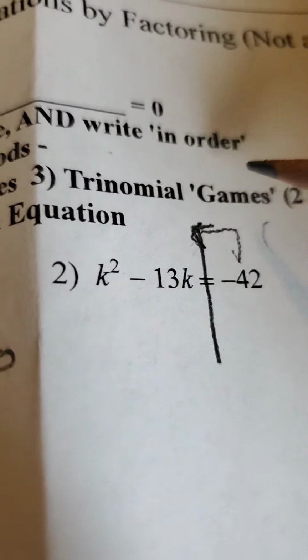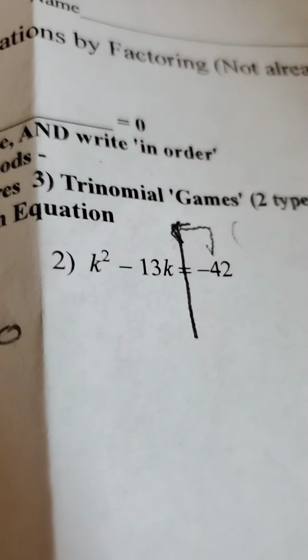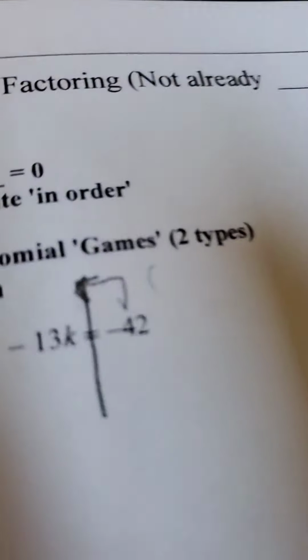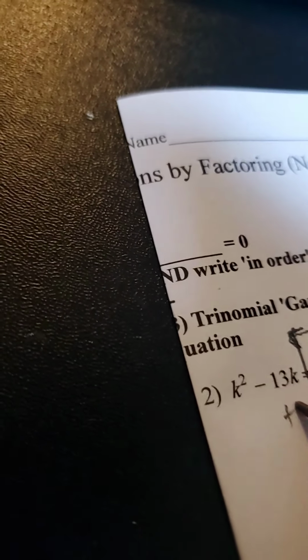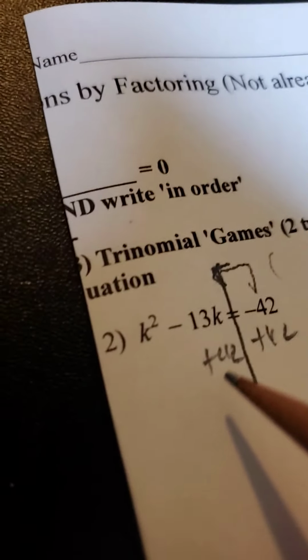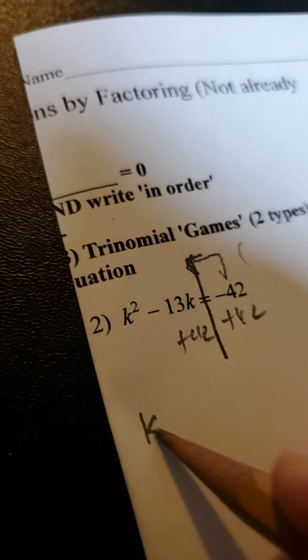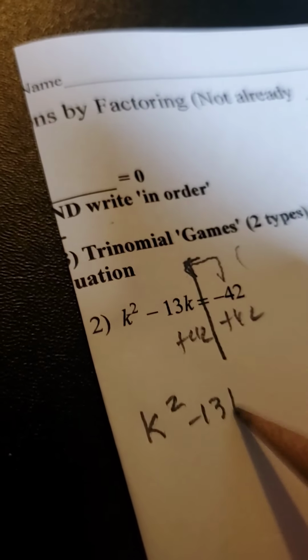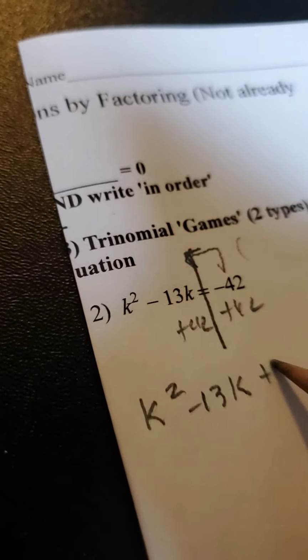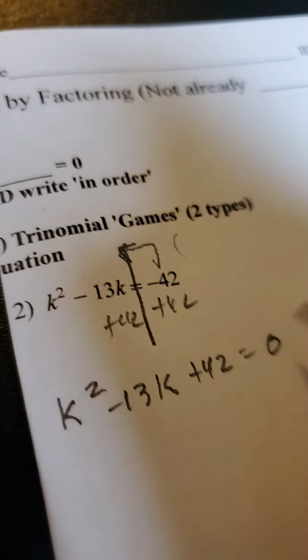Write things in order, k squared, k, and then the number. Okay? So I'm going to move the negative 42 to the other side. The way you move the negative 42 to the other side is by adding 42 to both sides. When I add 42 to both sides, there are no like terms over here, so I just write it in order. K squared minus 13k plus 42 equals 0.